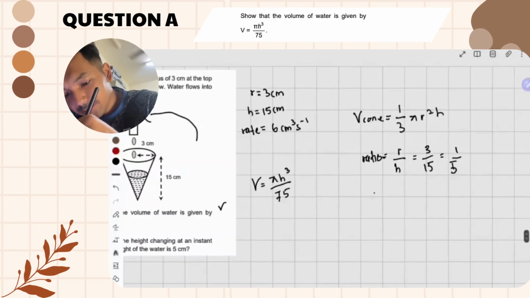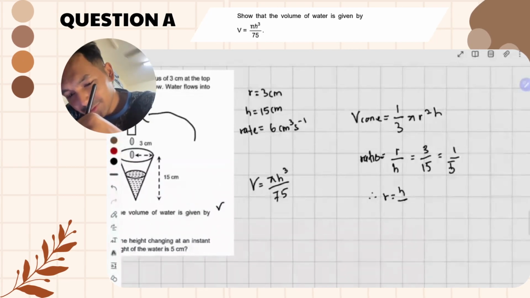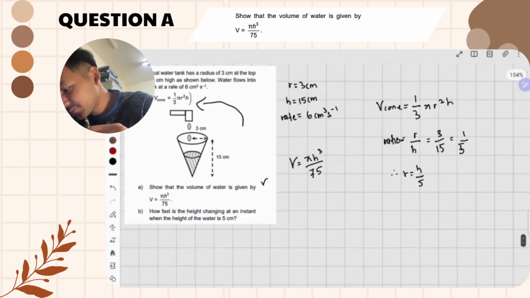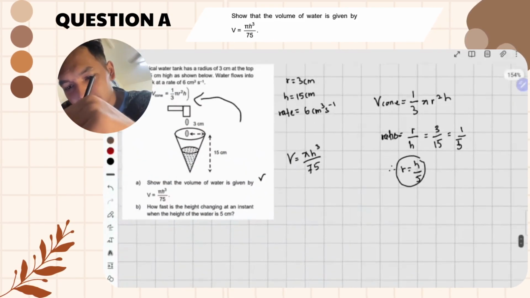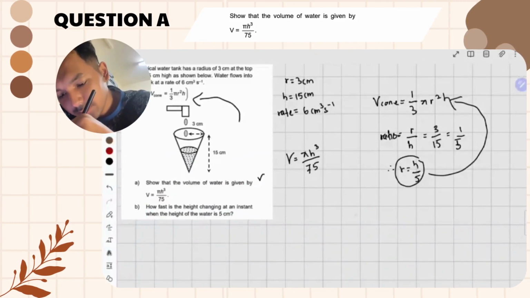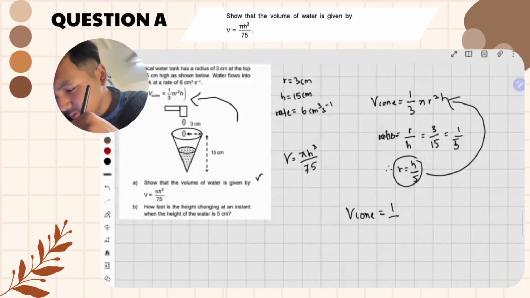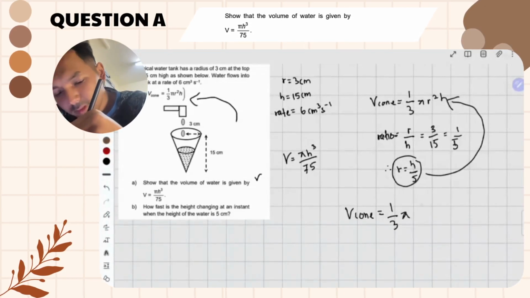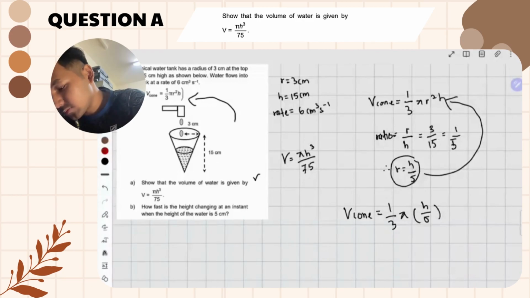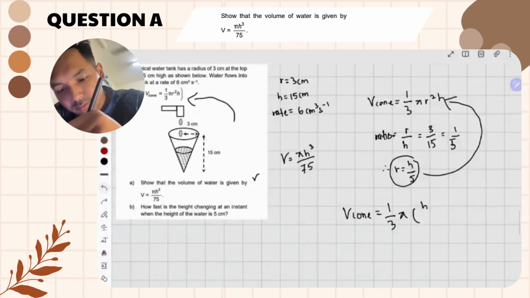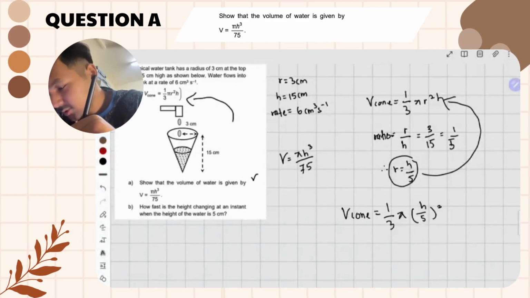So therefore r equals h/5. Then we need to substitute this into the formula given here. Let's do it. V cone equals 1/3 pi, substitute it, (h/5) squared times h.